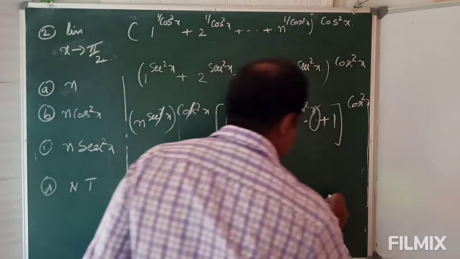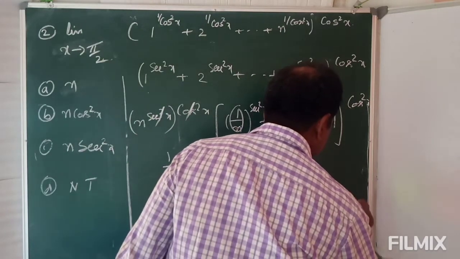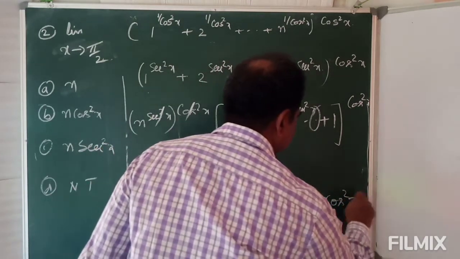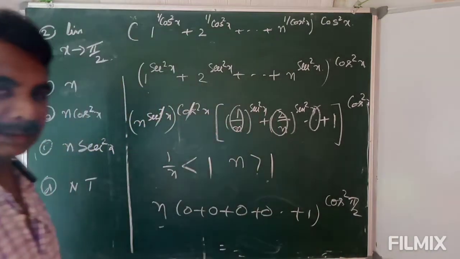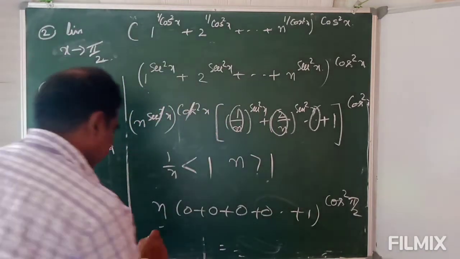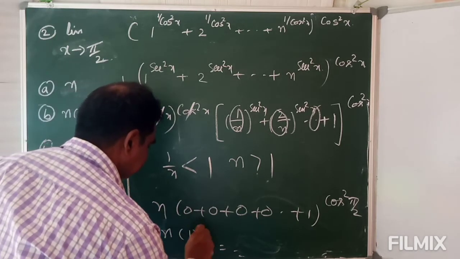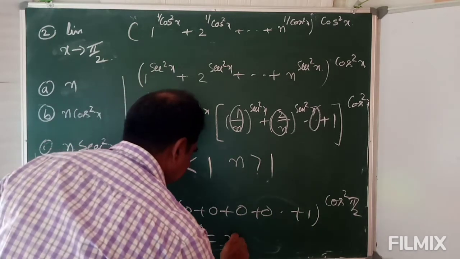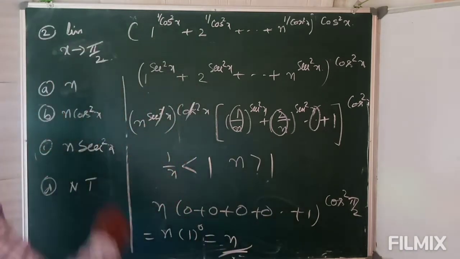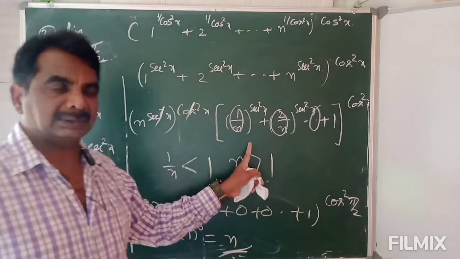What is cos square pi by 2? 0. So n into 1 power 0, that is n. Answer is A. Understand? This is a very important concept.